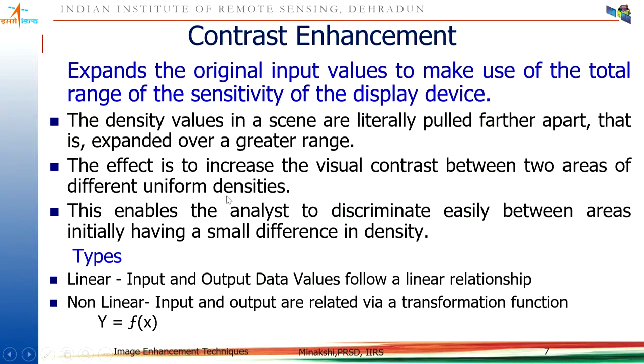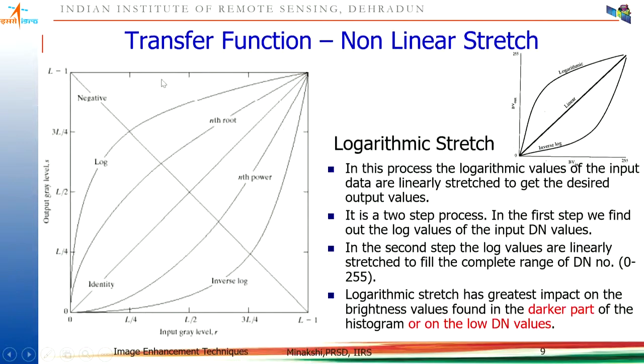Non-linear could be logarithmic, any root, square root, cube root, fourth root, fifth root, and so on, or it could be powers: square, cube, fourth power, fifth power, and so on. So log and inverse log. I can have any mathematical function, and I can also have statistical or trigonometrical functions.